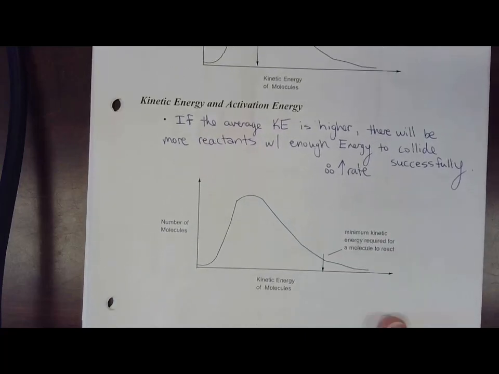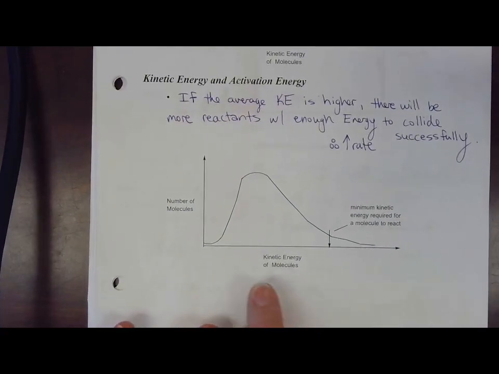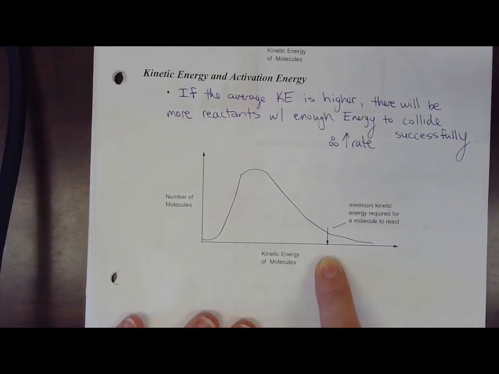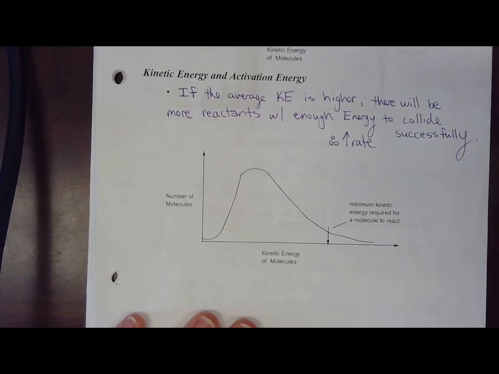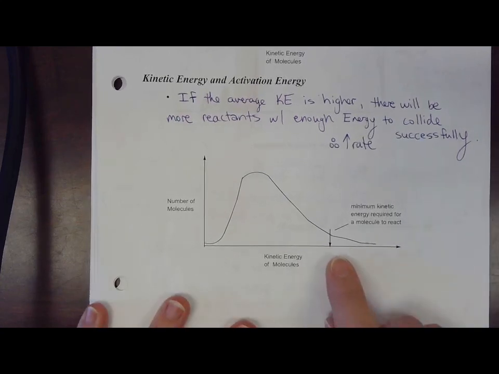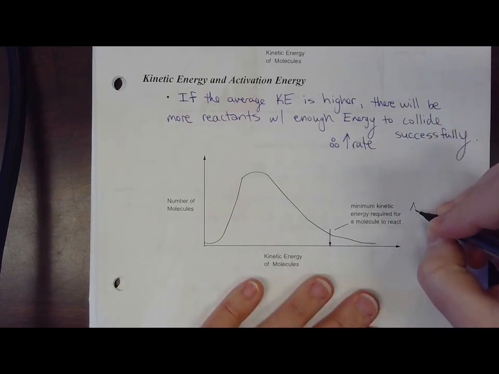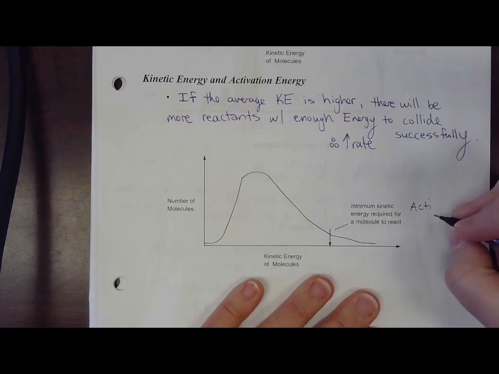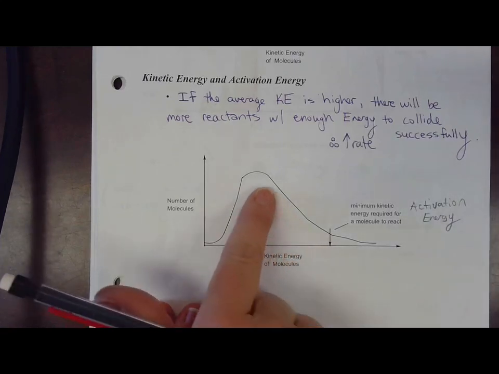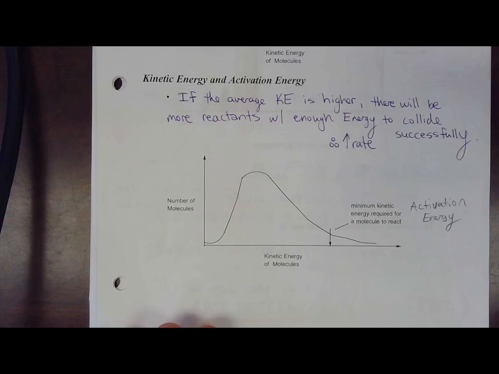So if we were to impose the bar here, if we were to say now we need to have, this is our minimum kinetic energy required to react, aka activation energy, right? So this is activation energy, essentially the minimum energy required to react. We have most of our molecules that do not meet that threshold.